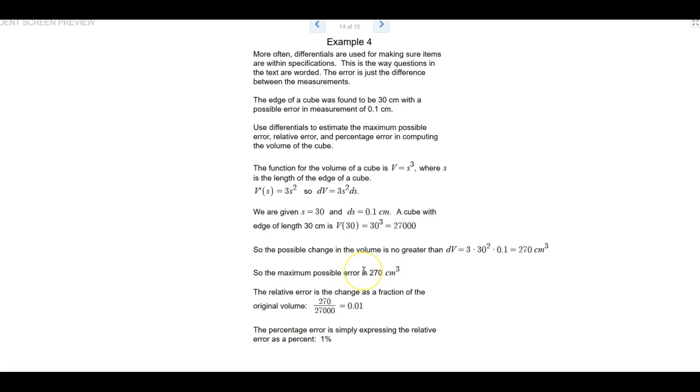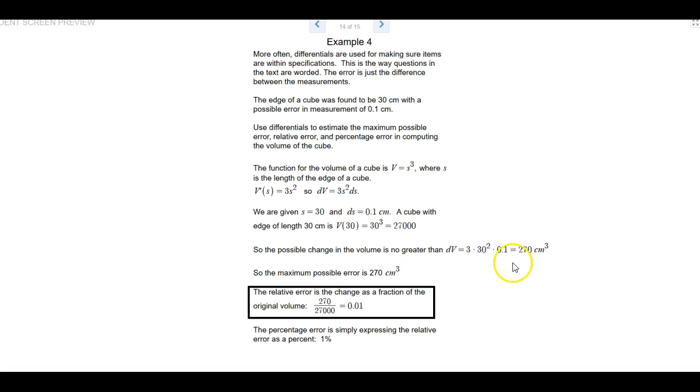So that's the error is the differential of the function. The relative error is just this error as a fraction of the original volume. So in this case, suppose that side length really was exactly 30, then the volume of the cube is 27,000 cubic centimeters.